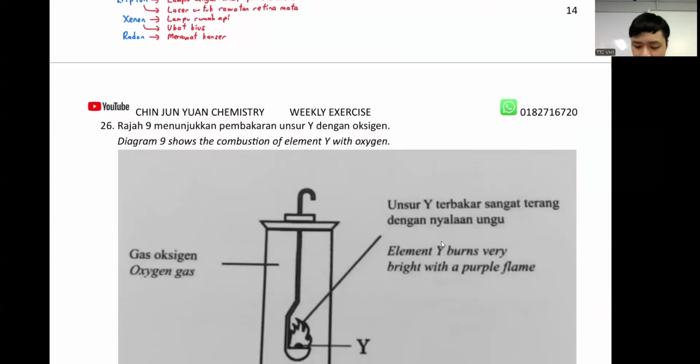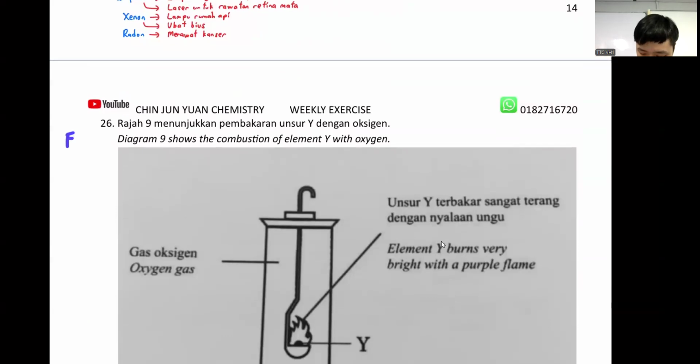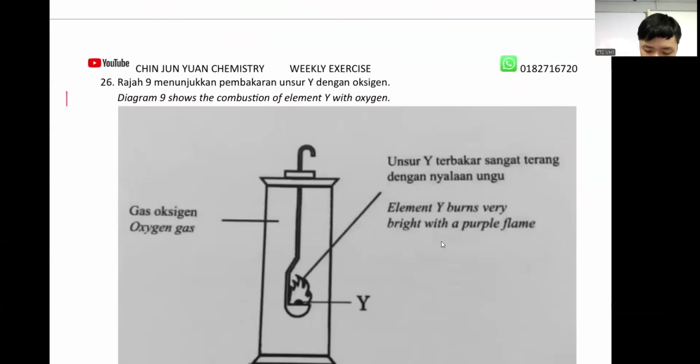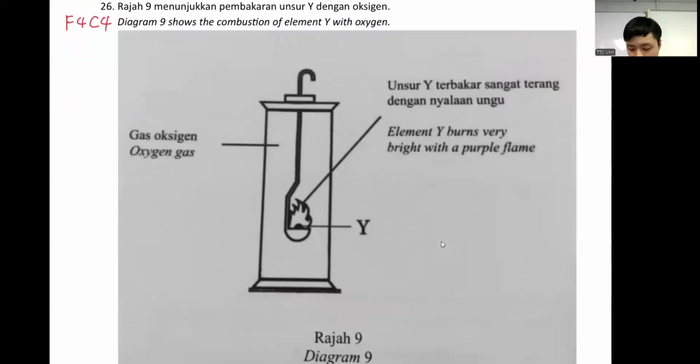26. Form 4, Chapter 4. Diagram shows the combustion of element Y with oxygen. So this one is group 1. Group 1 burns with oxygen gas, and we get a purple flame, nyala ungu.